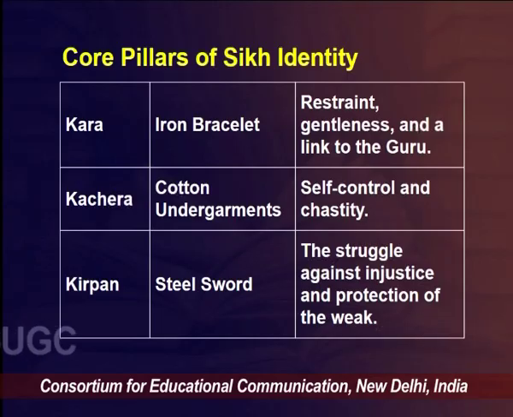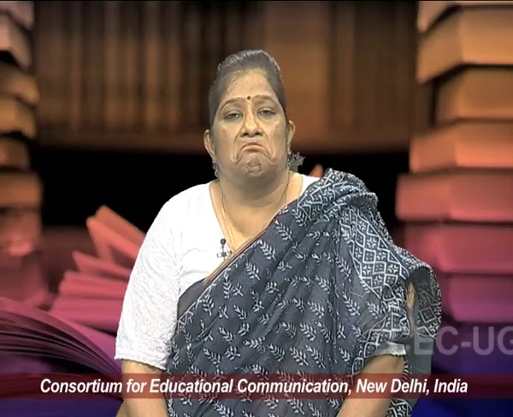The fourth is the kachera, or the cotton undergarments, which symbolize self-control and chastity. The fifth is kirpan, or the steel sword. It reflects struggle against injustice and protection of the weak.